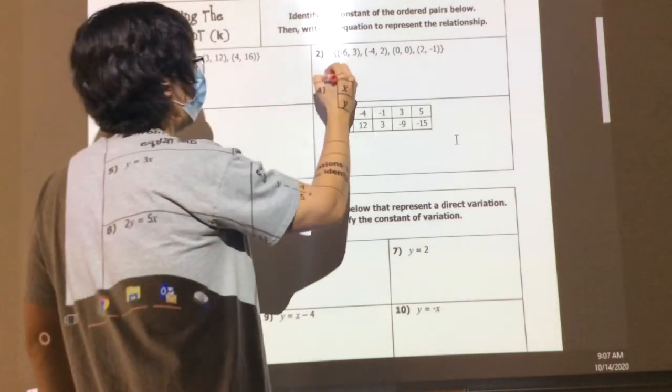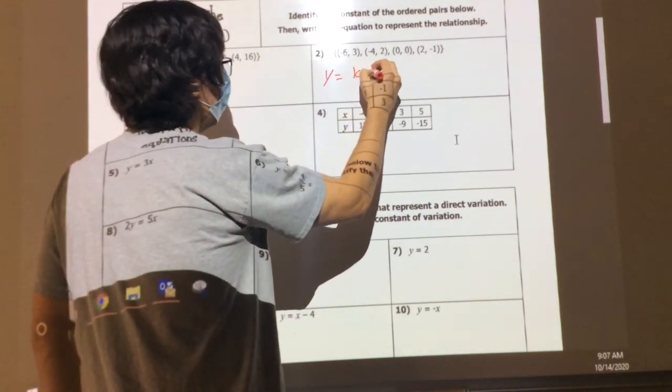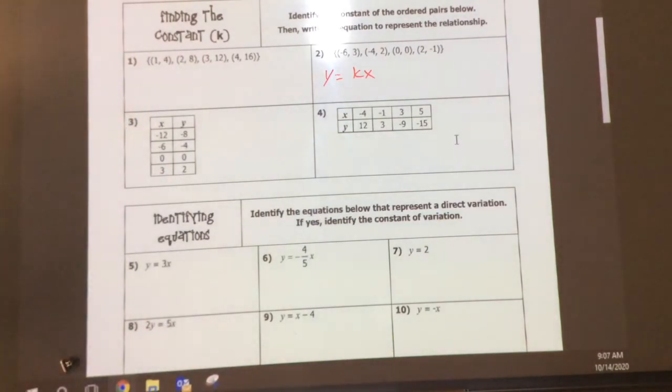The formula, y equals kx. Anybody get it yet? What'd you get, Charger?